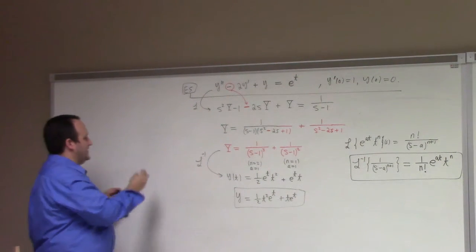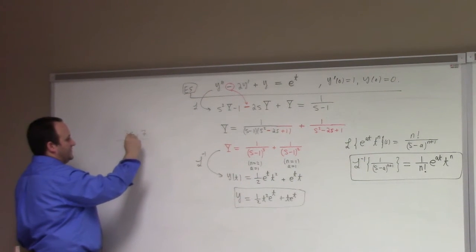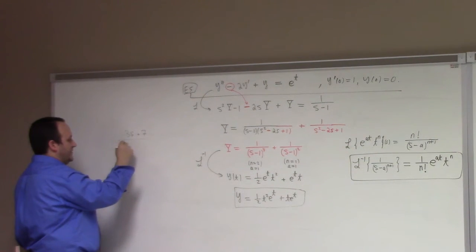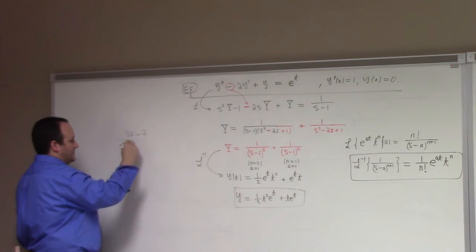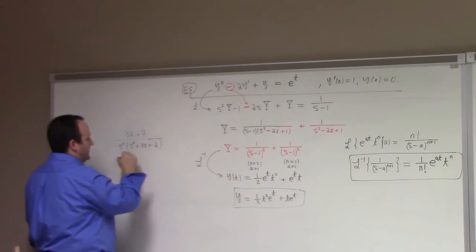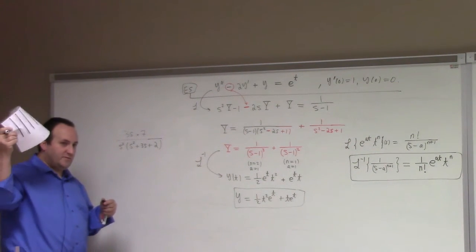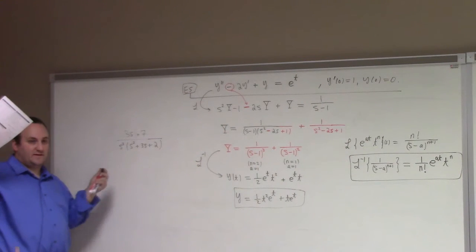So if I've got something like 3s plus 7 over s squared times (s squared plus 3s plus 2), that's lovely, but you can look on this sheet all day long and you'll never find the inverse transform of this, right?